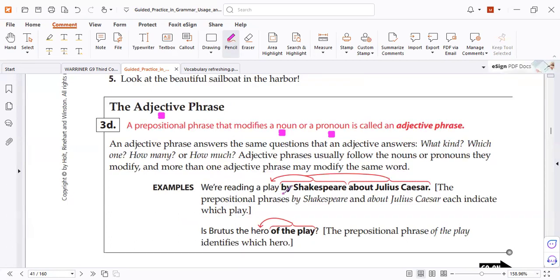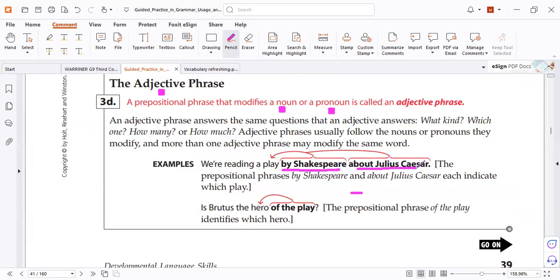So, for example, here we have a prepositional phrase, and then a second prepositional phrase. This one modifies play. This one modifies the word Shakespeare. So every phrase modifies what it comes after. Here again, of the play modifies hero. If we change the place of the phrase, we change the meaning.